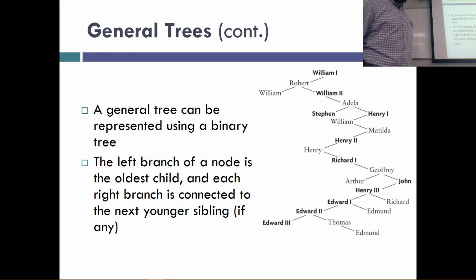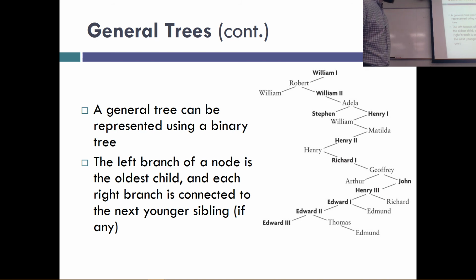We can always take a general tree and represent it as a binary tree. And the way we did this for this one is that your left branch is the oldest child, right? Your oldest descendant, right? And your right branch is your next younger sibling, like literal sibling, right?